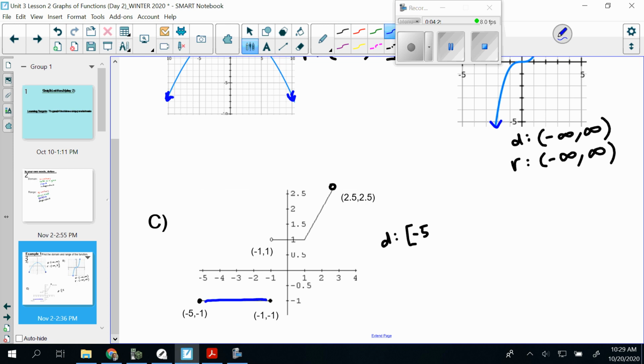Okay, we stop at -1, but then we do hop up here, and it looks like we get all the other values, and we keep going. So it looks like everything's covered between -5 and where we end, and where we end would be at 2.5 for our x value. So this would be 2.5, except I did put an open circle there, so we wouldn't be including that. So it'd be parentheses instead of a bracket, because we don't have a point there.